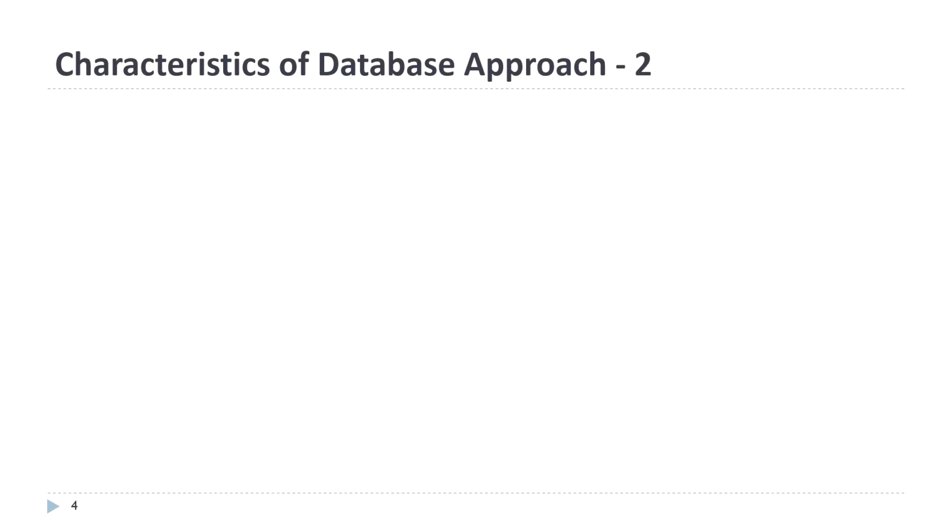Okay. So, we continue on why we need to use the database approach over the file approach. We have already seen the 3, and the fourth one is multiple views of the data.